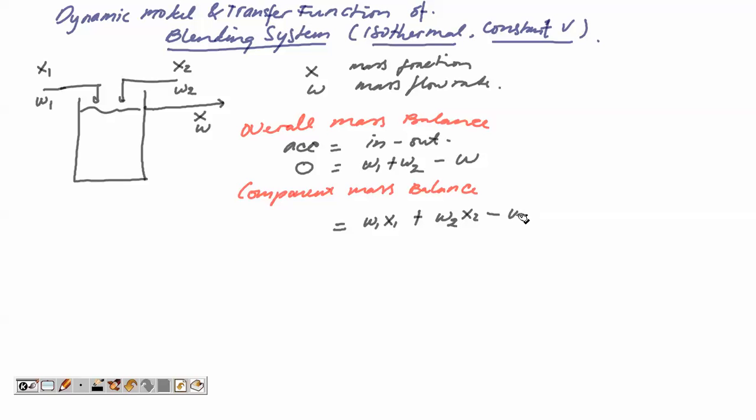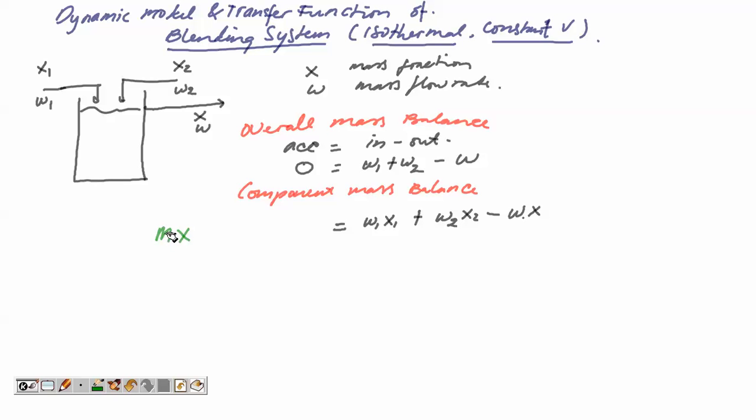The component mass in the output will be W times X. And there is an accumulation, meaning the mass of accumulation times X in this tank.